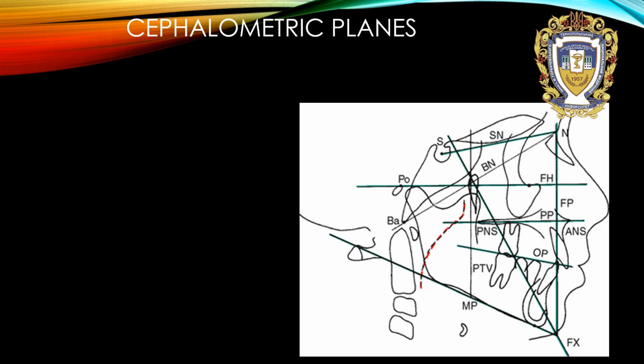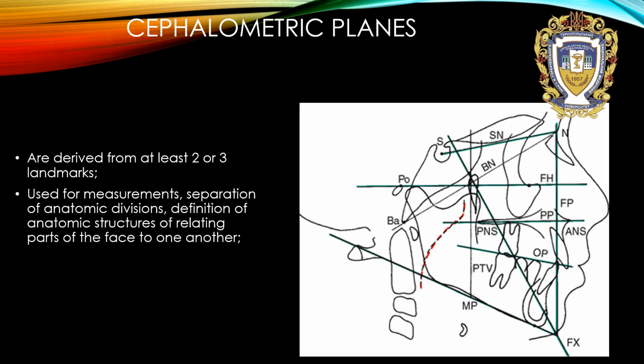Cephalometric planes are derived from at least 2 or 3 landmarks used for measurements, separation of anatomic divisions, and definition of anatomic structures, relating parts of the face to one another. And cephalometric planes are classified into horizontal and vertical planes.